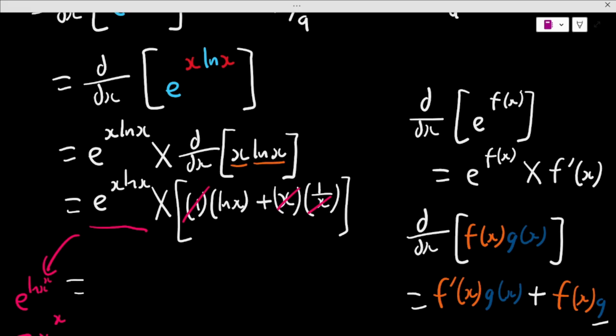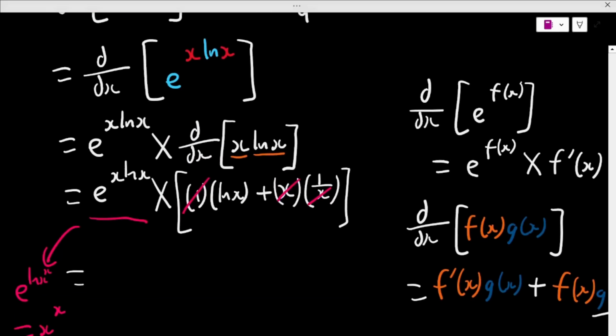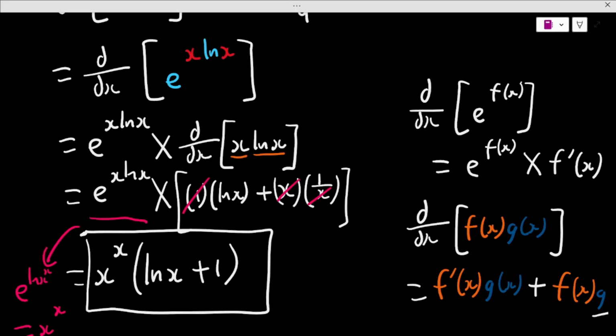So we can actually just rewrite this as x to the x. The reason why we know this is because we took x to the x and re-expressed it in the form of e to the x ln x in the first place. So this is just going to be x to the x times ln x plus 1.